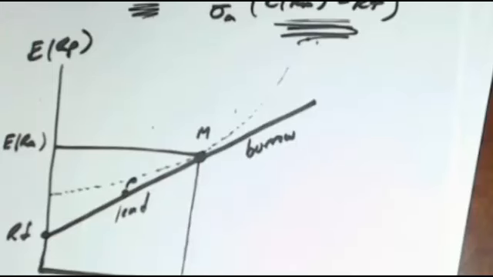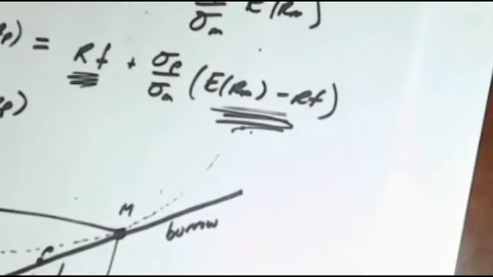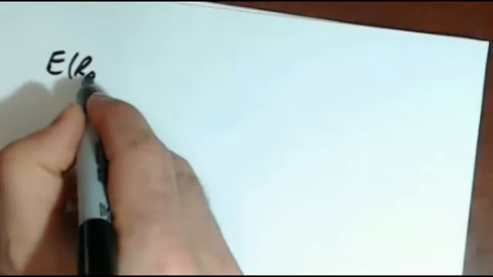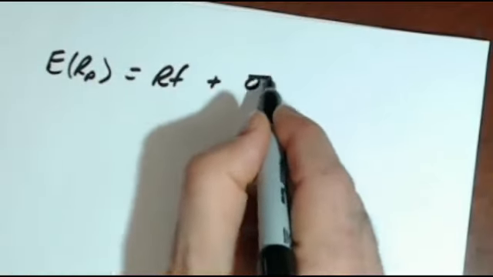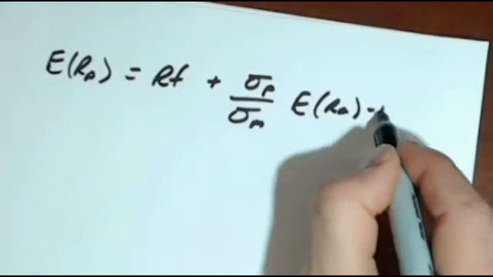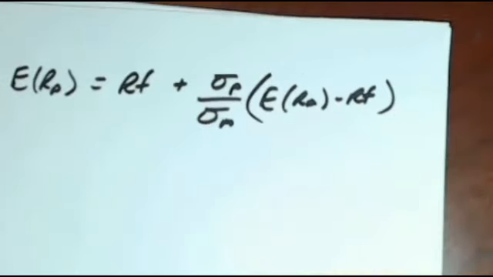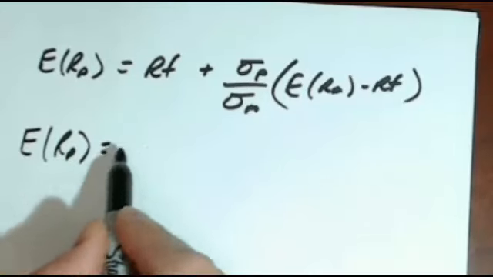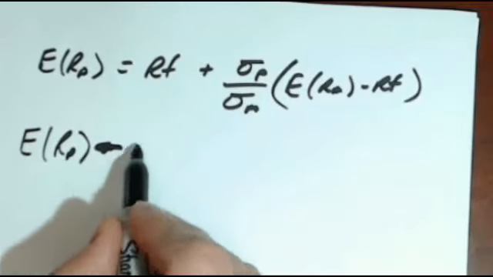Okay, now we could go a step further here and say the expected return on the portfolio equals the risk-free rate plus the relative risks times the market risk premium. Let's get the risk premium on our portfolio here: E(R_P) minus R_F.